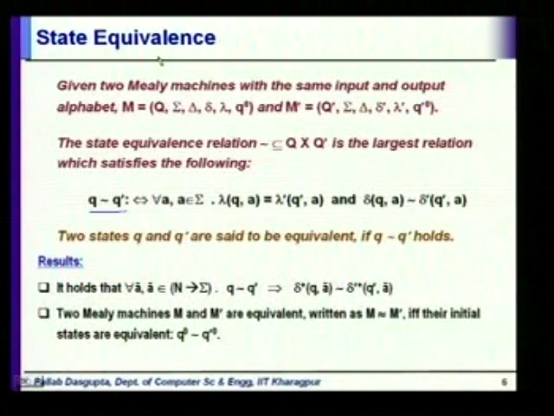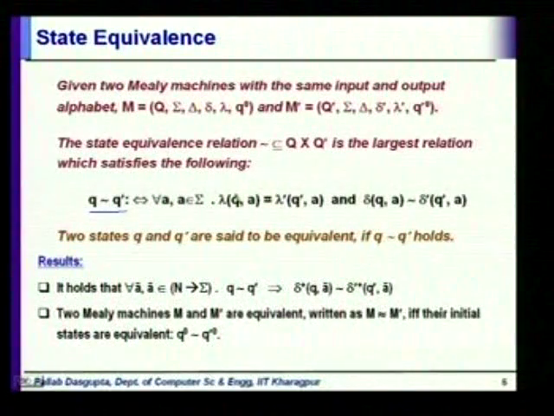So, if you can find that two states in M are equivalent by this definition, then you can merge those two states. You do not need to have them as two separate states, and that is the basic theory behind state minimization of finite state machines.